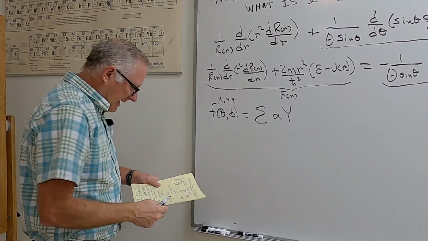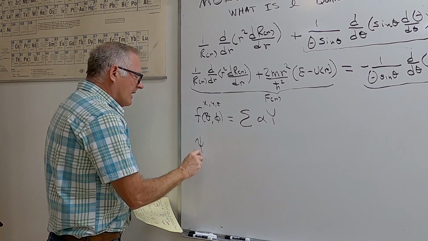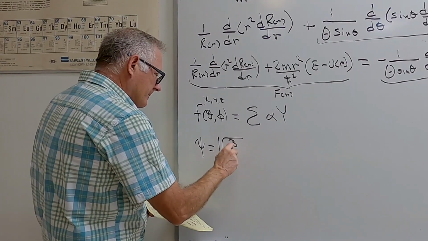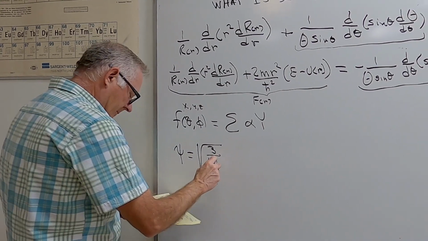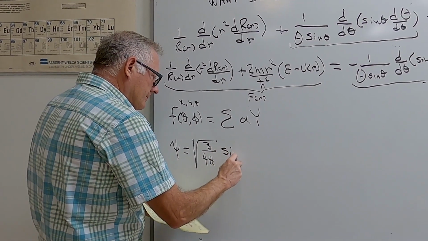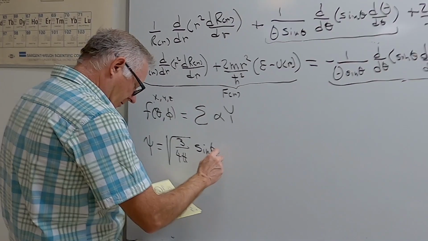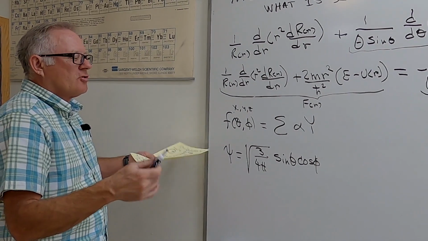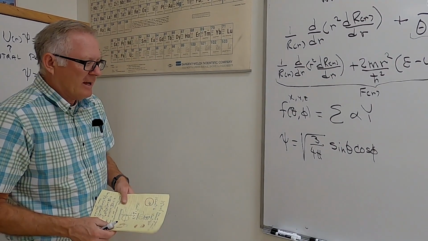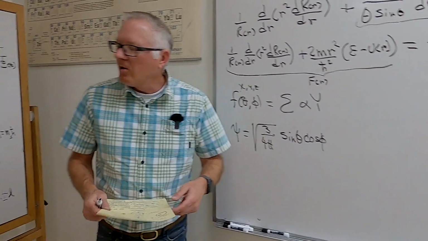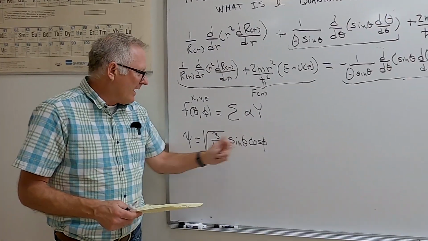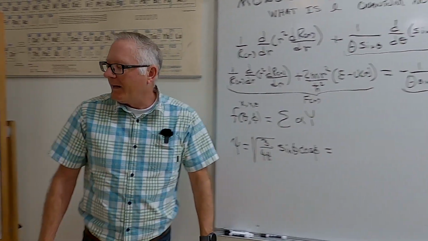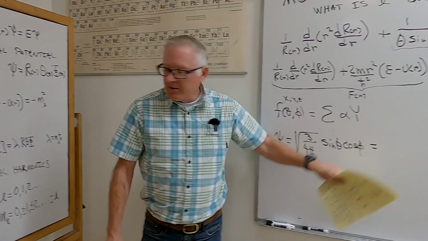So if we had something like, let's just say psi was equal to the square root of 3 over 4 pi, sine theta times cosine phi, and I ask you what is that in terms of just your Y's? Well, you notice when we listed all of our Y's last time, none of them had any trig function of phi.